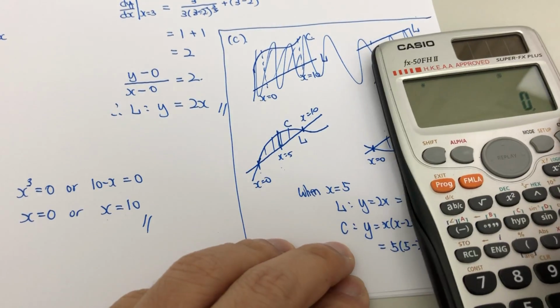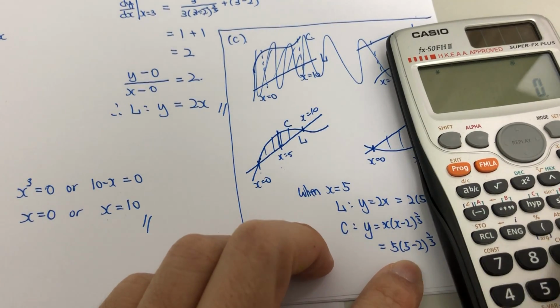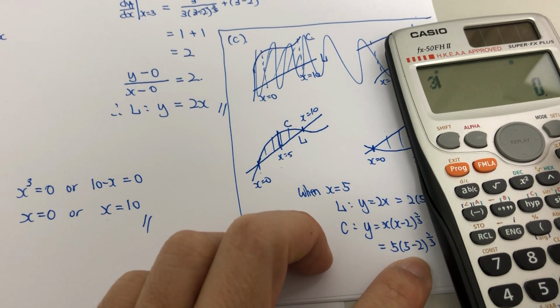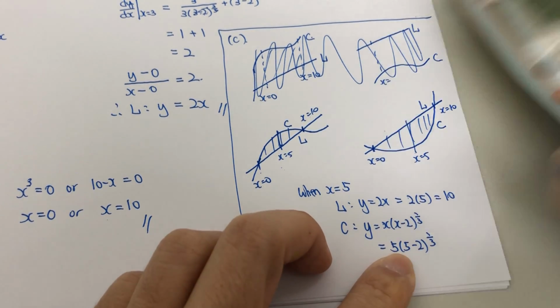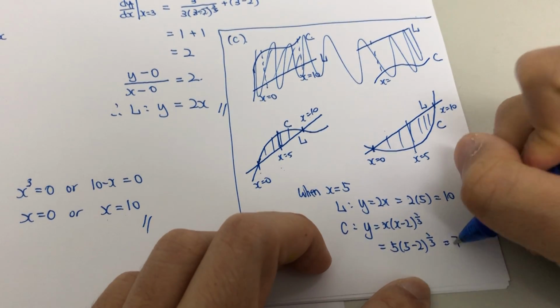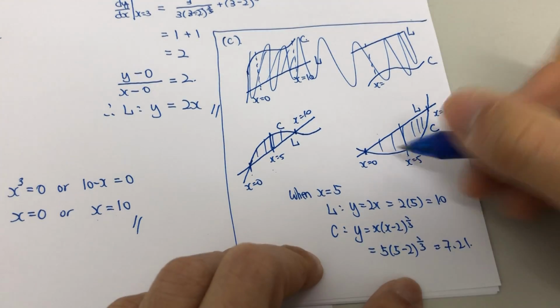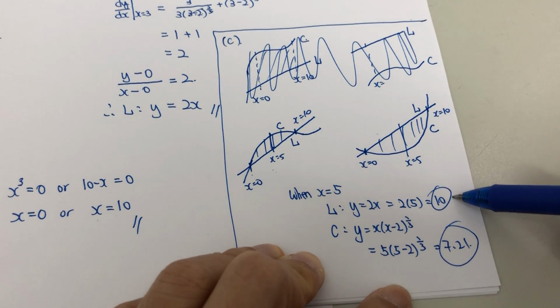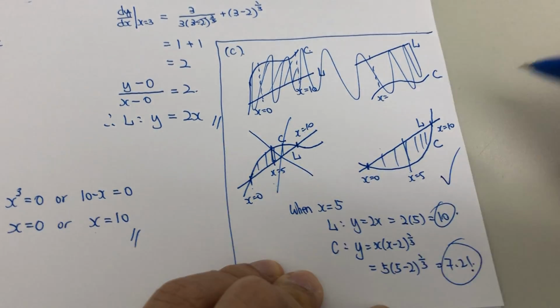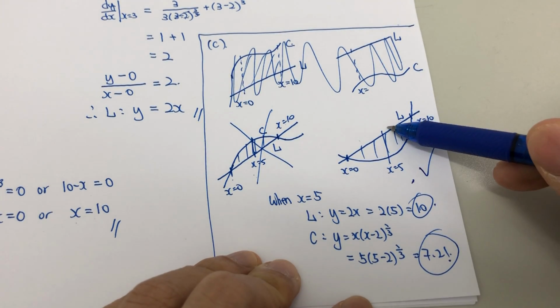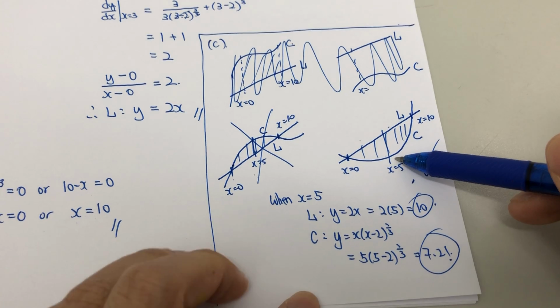What should it be? 5 minus 2 becomes 3, to the power of 1 over 3, and then times 5. Oh, it's 7.21. So obviously, 10 is higher than 7.21. So this is the case. The line should be on top. The curve should be on the bottom.